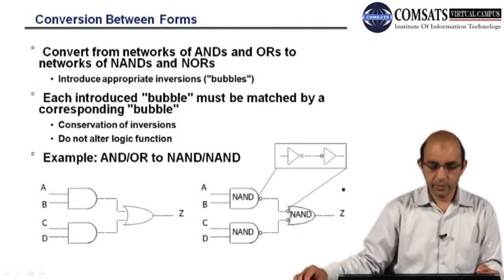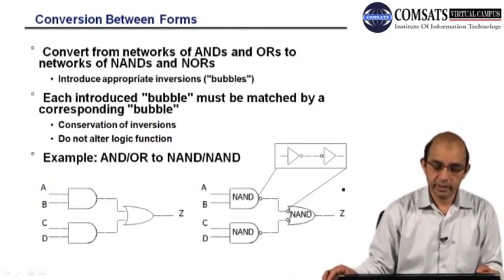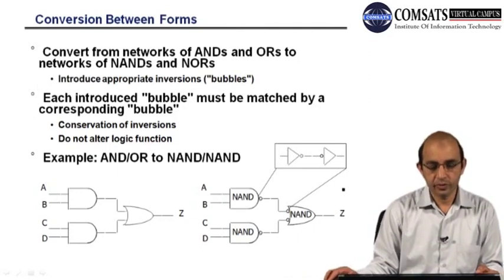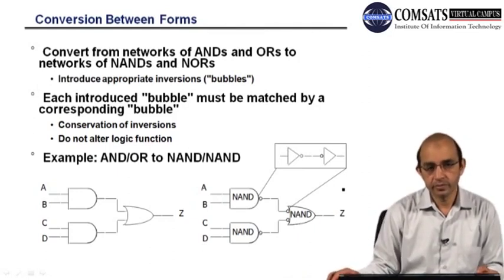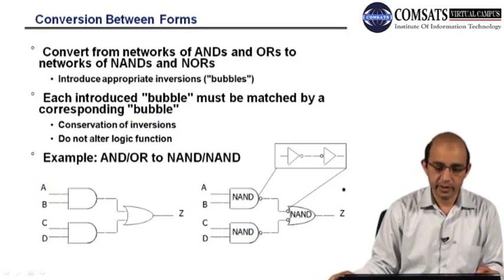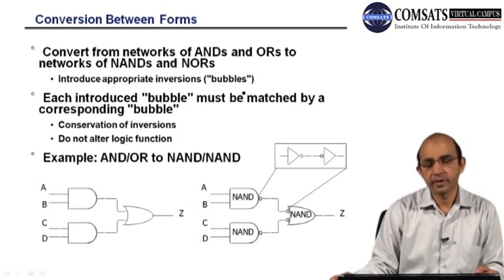So there are some tips that you should follow when you are converting between different forms, right? So the first step is to introduce bubbles. That's what we did when we were converting from AND OR logic to NAND-NAND logic.